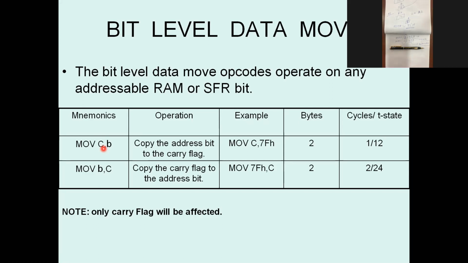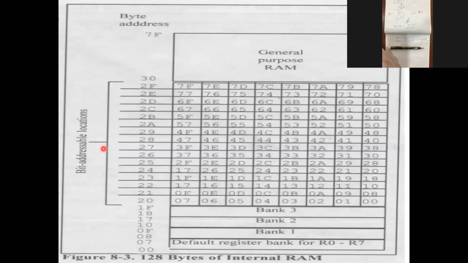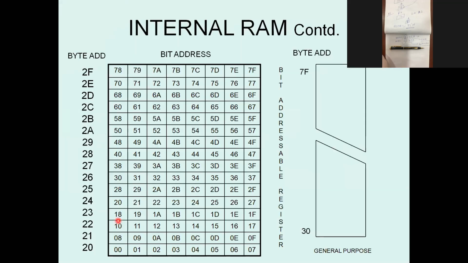Bit addresses are from 00 to 7F, between 20H to 2FH. Every memory location from 20 to 2F has bit addresses. If you recall, you will get 00 to 7F as the bit addresses.